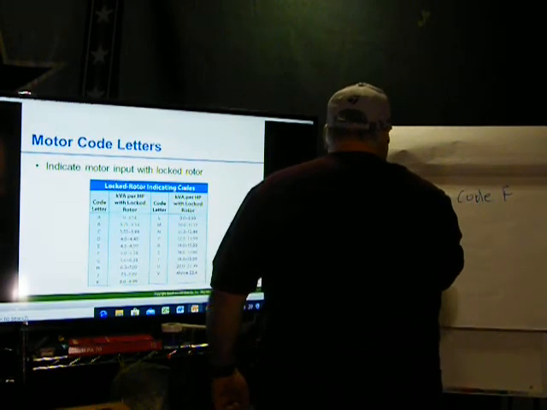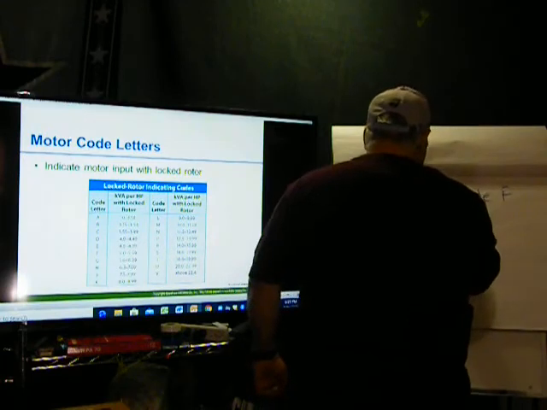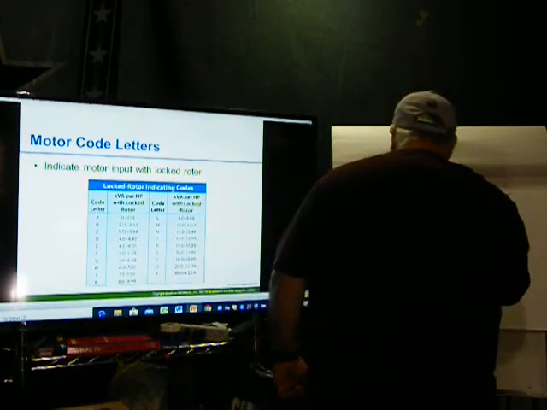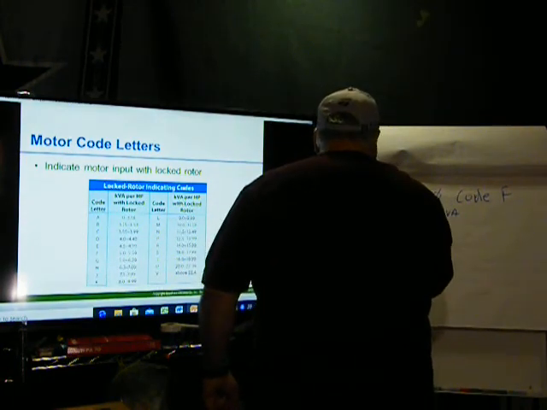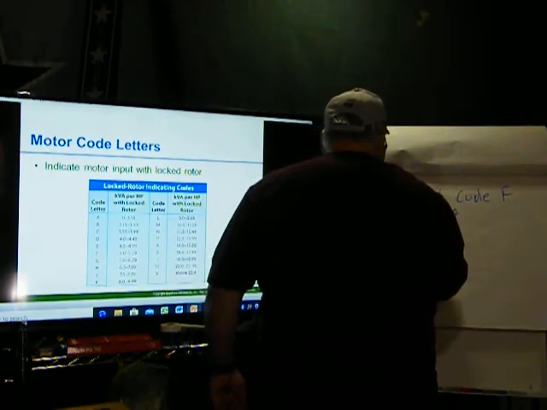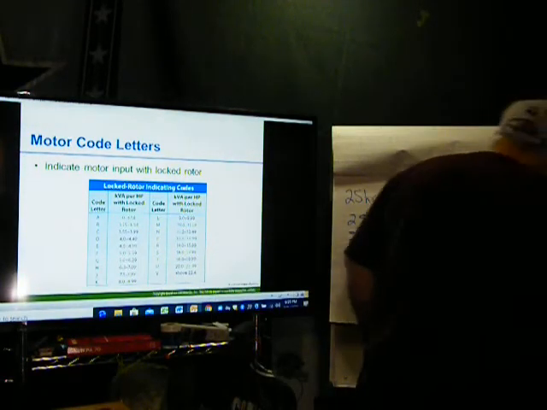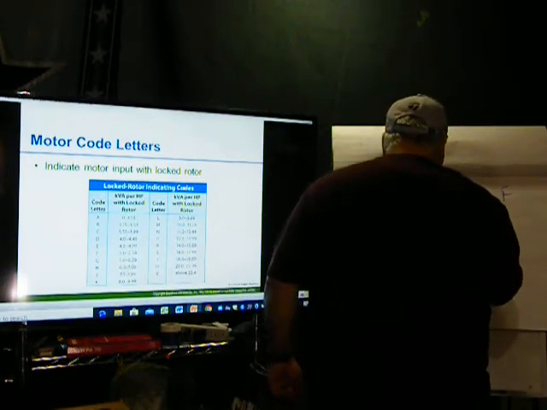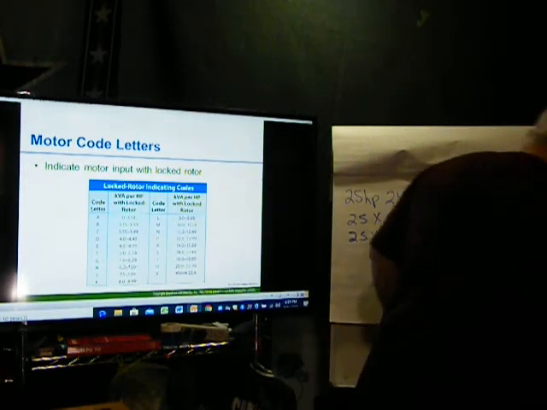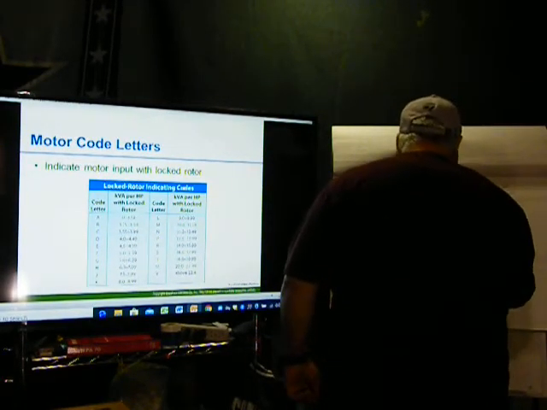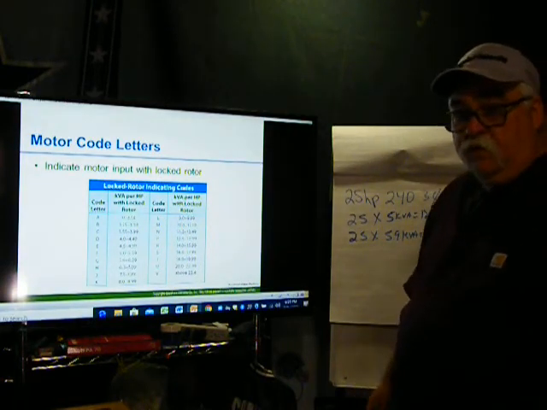Multiplied by 5, kVA equals 125 kVA. And then we get the high part, which is 5.9. 25 times 5.9, kVA equals 139.75 kVA. No, 0.75, I'm sorry. Okay. Next we're going to divide it by the voltage.